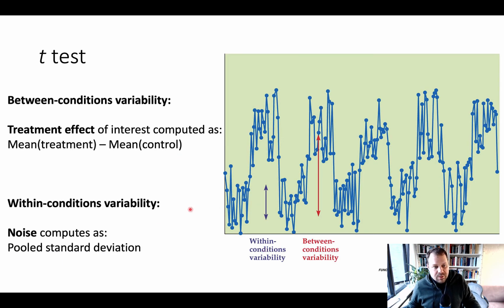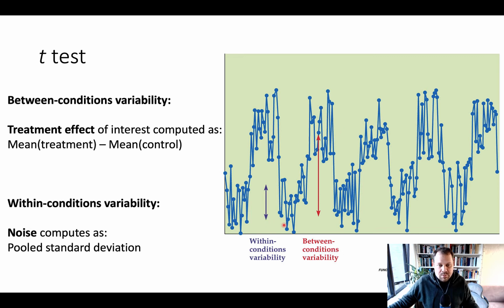That is, in other words, we can say, and we had discussed this earlier, that we're interested in between conditions variability. Remember when we talked about functional signal to noise ratio, which is the variability between a baseline condition or a control condition and a treatment condition.